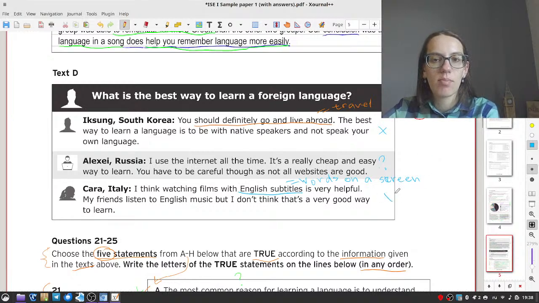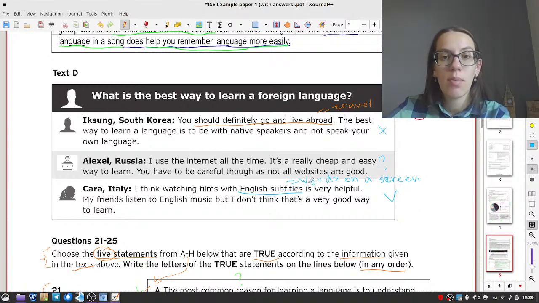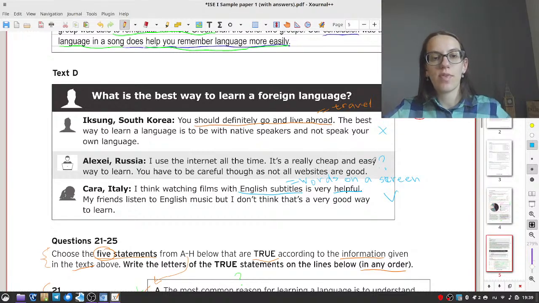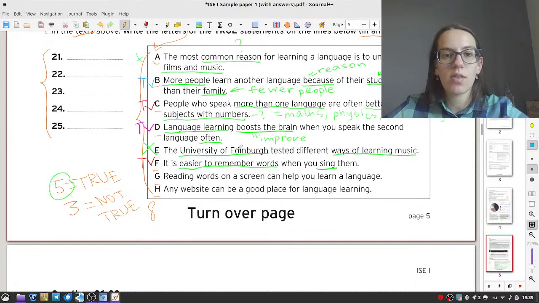Actually, it looks like it's true, because she says that it's helpful. So it's a positive thing. And the statement says reading words on a screen. Again, we forgot to underline reading words on a screen can help you learn a language. And she says it's helpful. So, yeah, it's true.